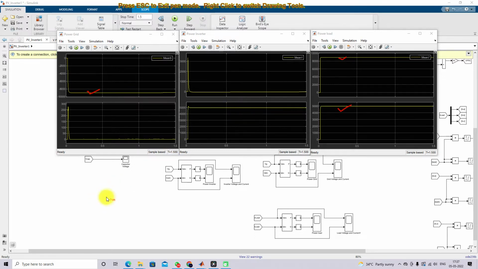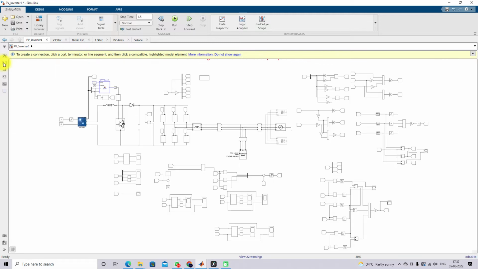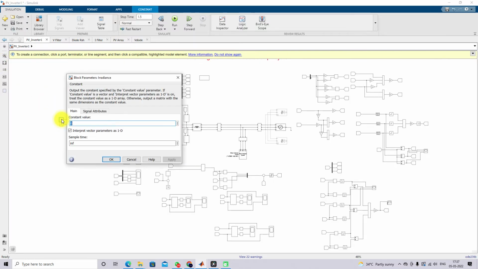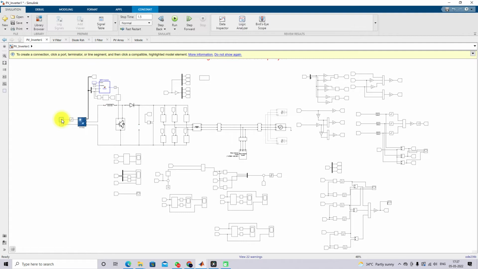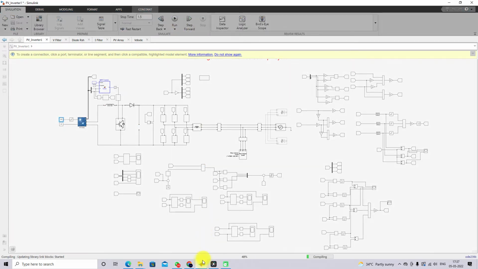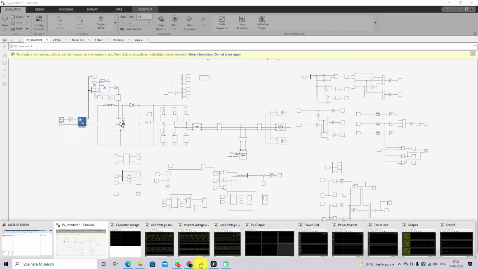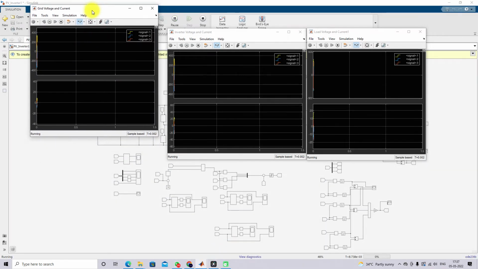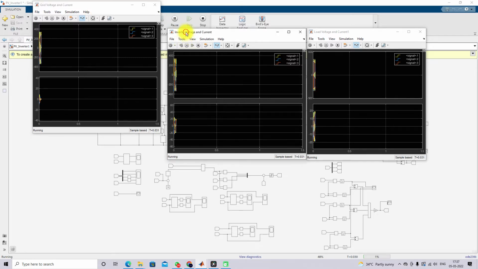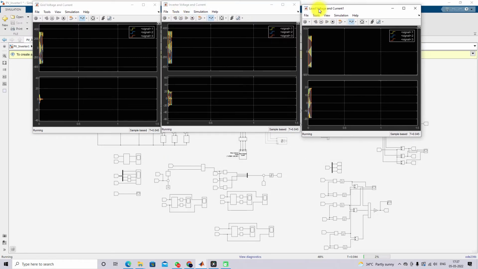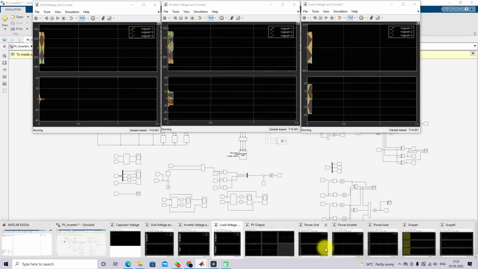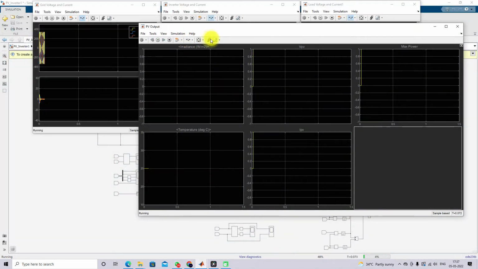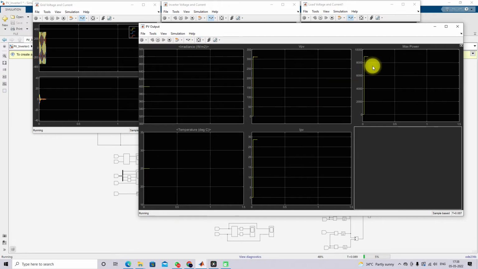Okay, so next I am going to do another condition, that means I am going to make the irradiation equal to 400. I'm going to simulate this same system, and then we will check the results. So now you can see the PV operated at 400 watts per meter square, 25 degrees Celsius.